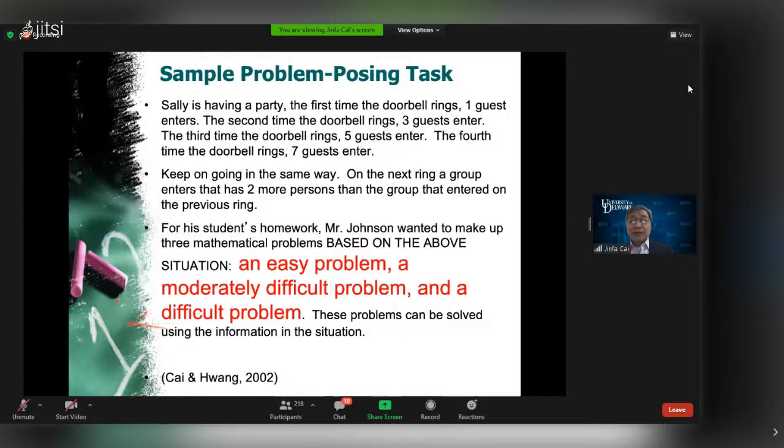What we ask the student to do is, for homework, Mr. Johnson wanted to make up 3 mathematical problems based on the above situation: an easy problem, a moderately difficult problem, and a difficult problem. And these problems can be solved using the information in the situation.